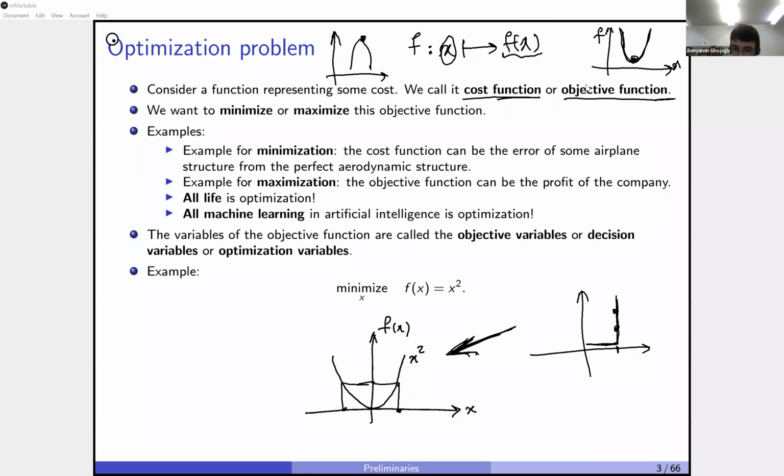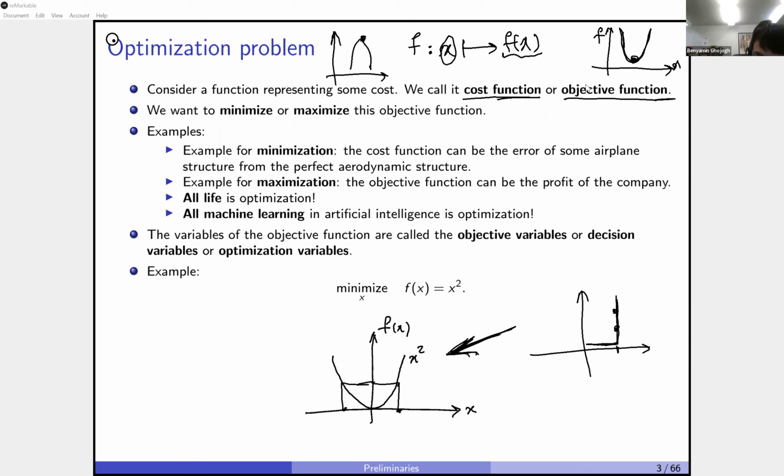And you can also maximize a function. Usually when we want to maximize, we don't call it cost because we usually don't want to maximize a cost. We usually call it an objective function. For minimization, we can also call it an objective function. An example for maximization is the profit of a company. We want to find its maximum.